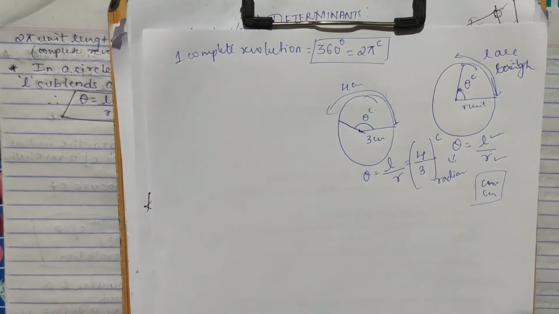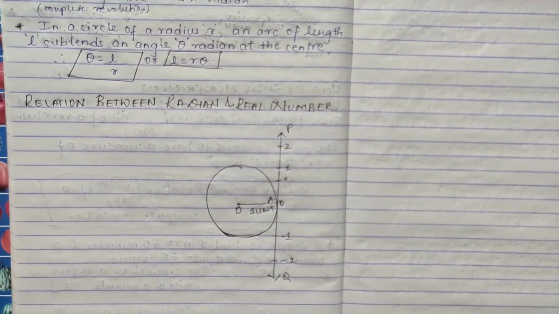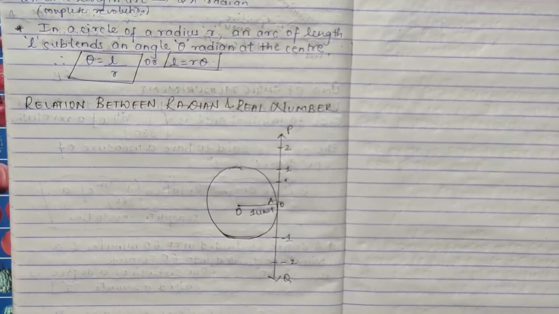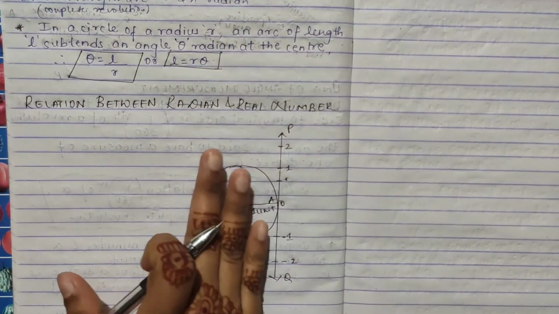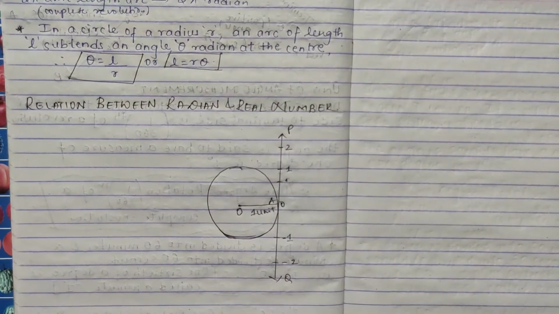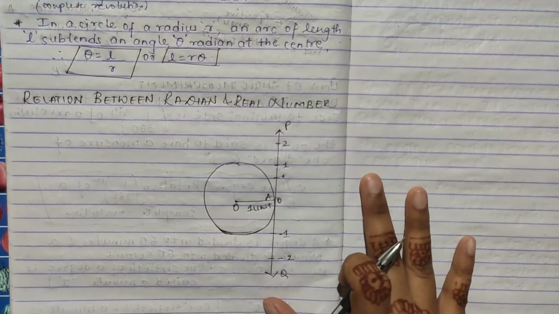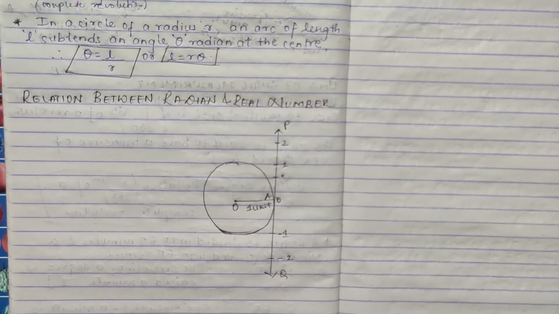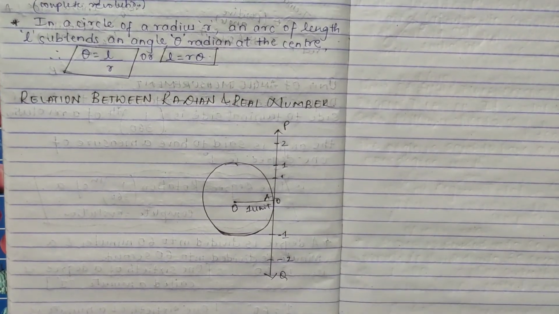Now we will see the relation between radian and real number. Earlier I showed you a little bit of the relation between degree and radian. Real numbers means whatever is on the number line. Let's check with the diagram.